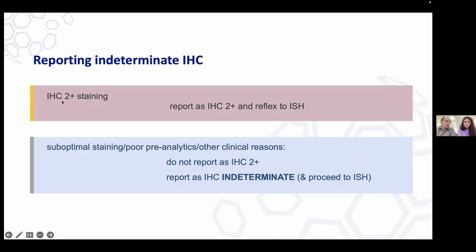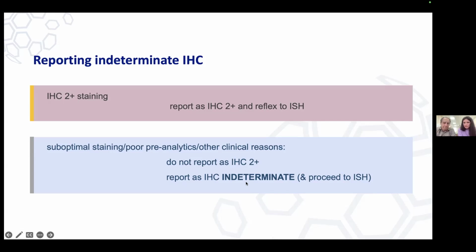But don't call it 2 plus, because 2 plus is a score. Say it's suboptimal, you're not very sure, you want to do another test. Call it indeterminate. Why? Because otherwise some clever clog will do statistics on you and say you have a very high number of HER2 2 pluses, when you didn't really call 2 plus. Something is wrong here, and you want to do more.